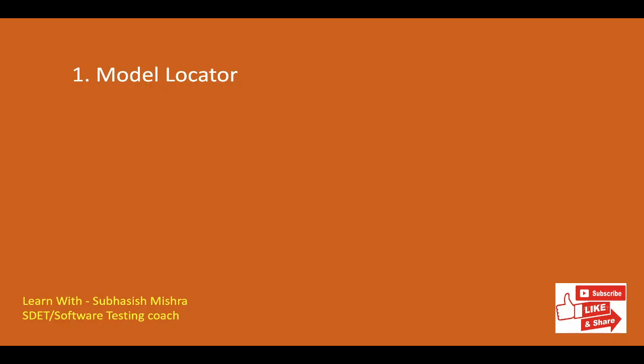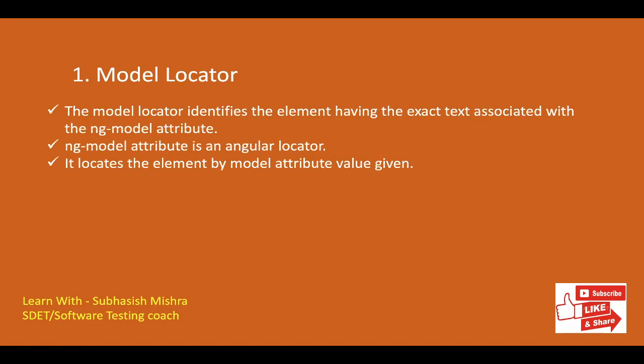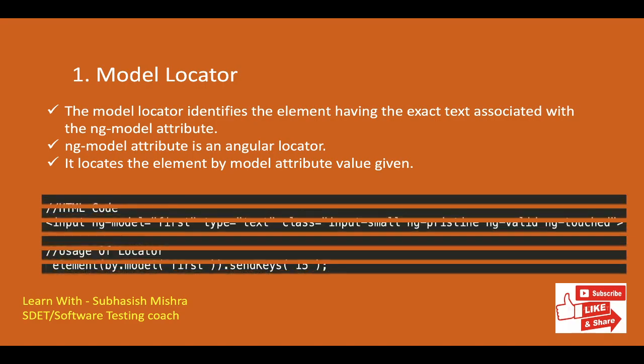Let us go to the first Angular specific locator, that is model. So the model locator identifies the element having the exact text associated with the ngModel attribute. ngModel attribute is an Angular locator. It locates the element by the model attribute value given.